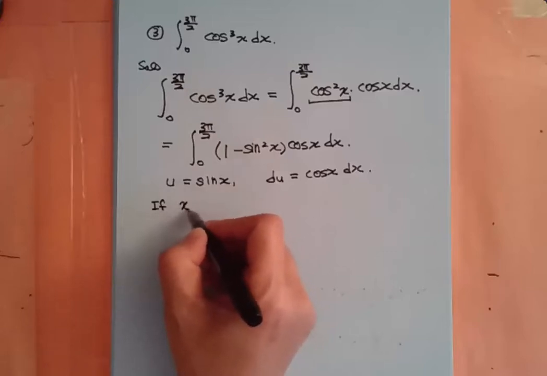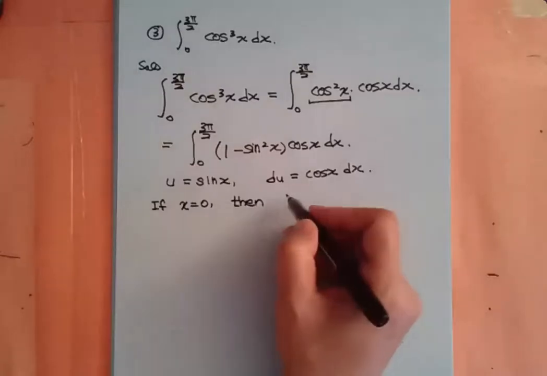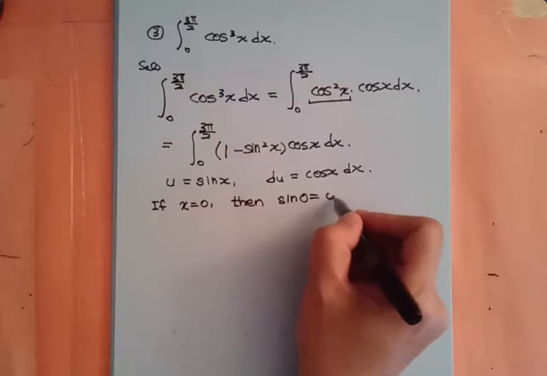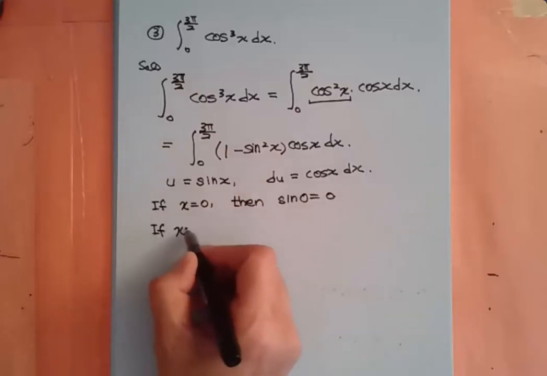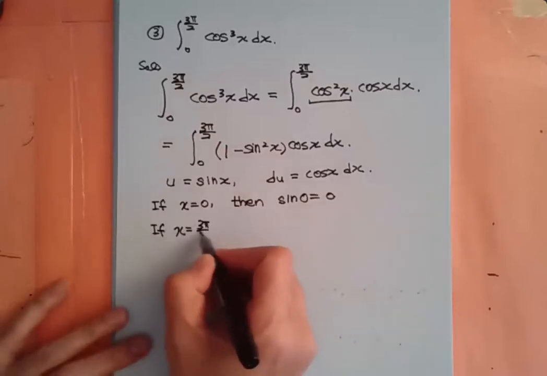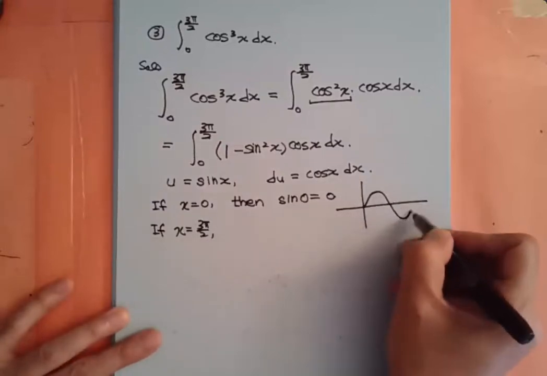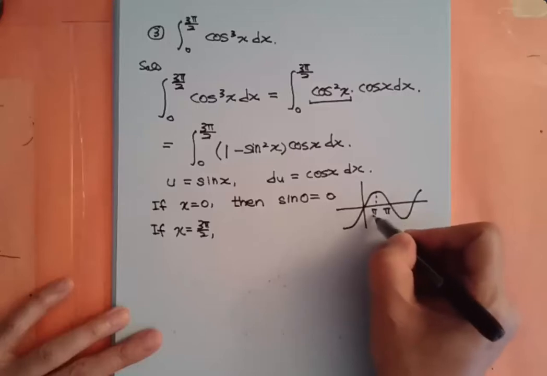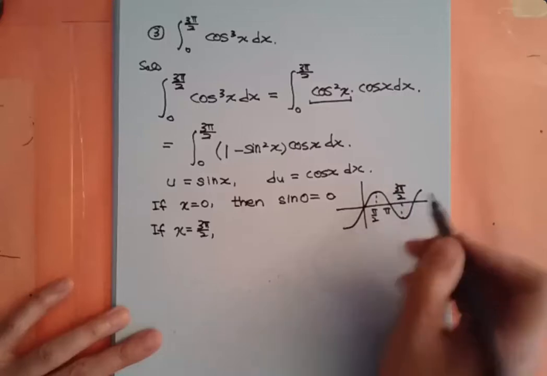So if x equals 0, then with this substitution, sine of 0 equals 0. And if x equals 3 pi over 2, we just think about the graph of sine. This is pi, this is pi over 2, this is 3 pi over 2.